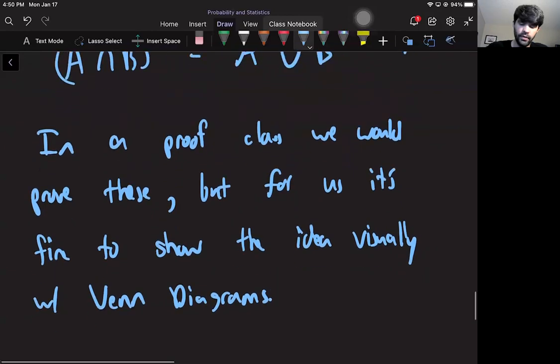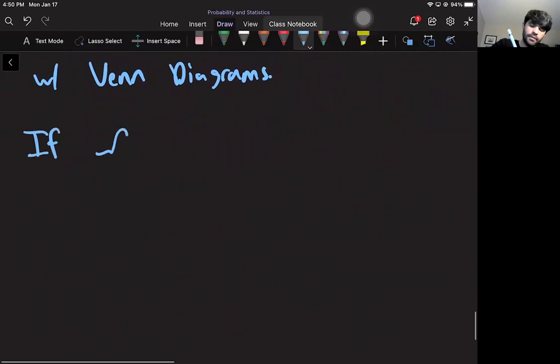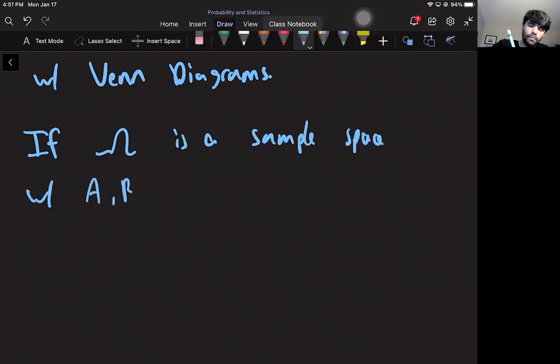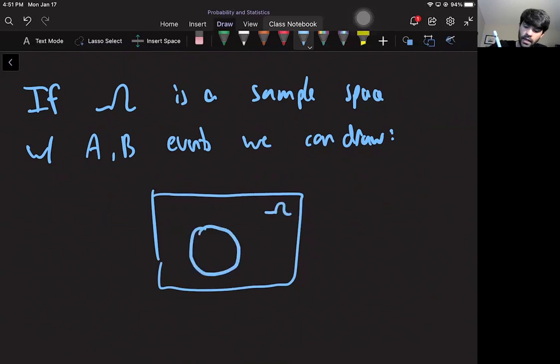So here's how Venn diagrams work. If you have a sample space and you have two events, we can draw the possible operations pretty nicely by just drawing the two sets as bubbles inside of the sample space omega. So the idea is that this rectangle is omega, so it has all the outcomes.